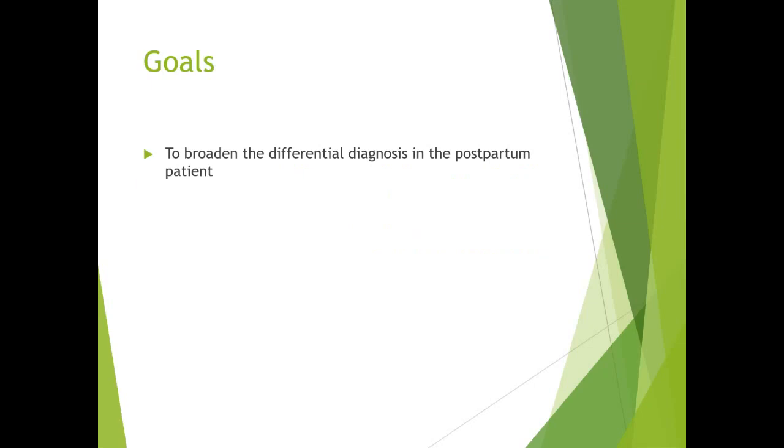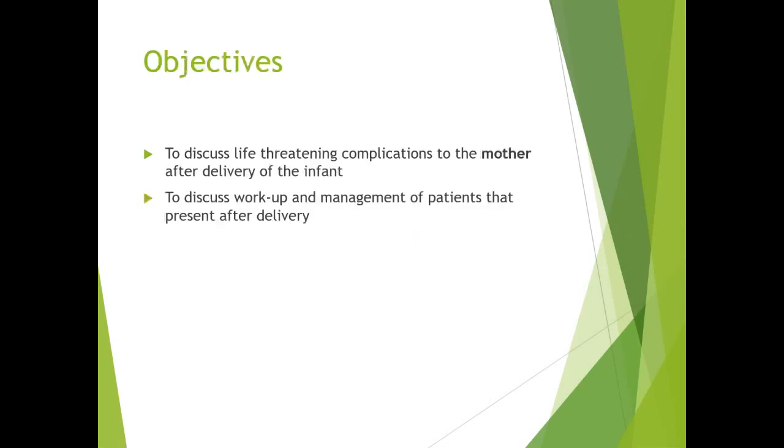All right, so my simple goal today is to talk about our differential diagnosis in a postpartum patient. This actually comes from a personal case I have that we'll talk about, where we maybe had a delayed diagnosis because it really wasn't on our radar. We're going to talk about life-threatening complications to the mother after delivery, okay? We'll talk about workup, we'll talk about management.